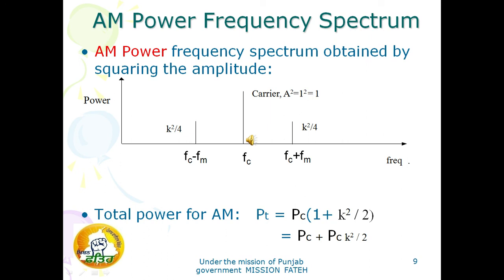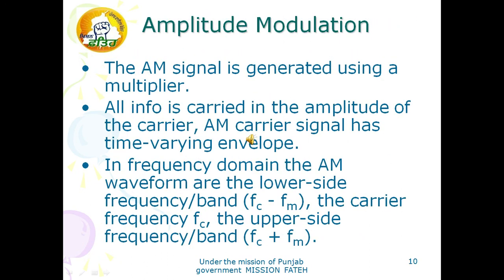In short form, we say that the amplitude modulation signal is generated by using a multiplier. A multiplier is a block or a device which is used for multiplication of the modulating signal and the carrier signal, and then generates the amplitude modulated signal.